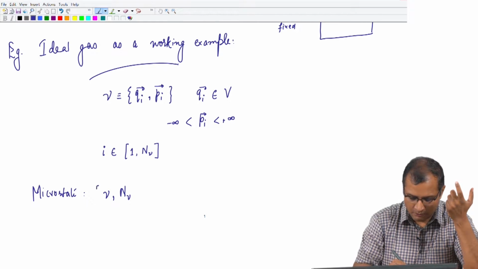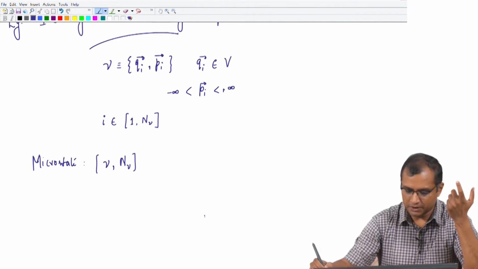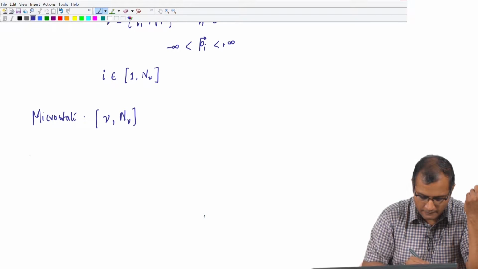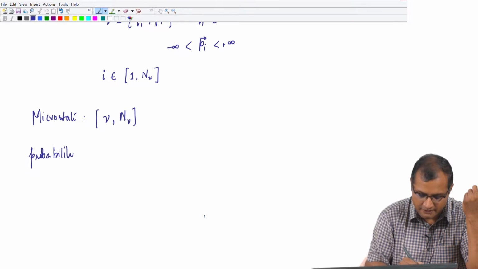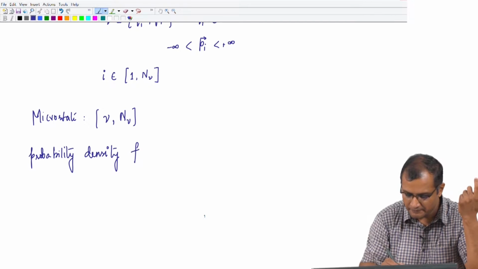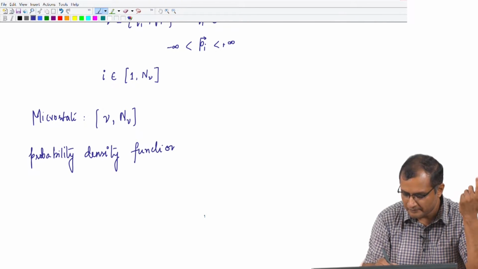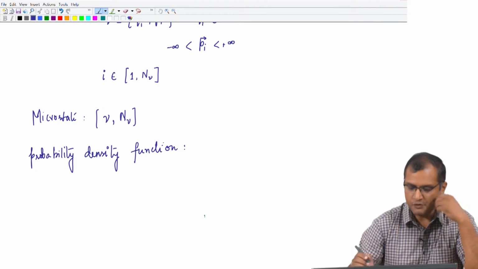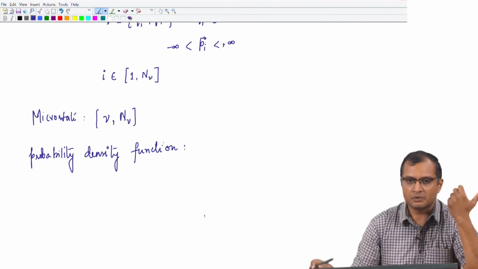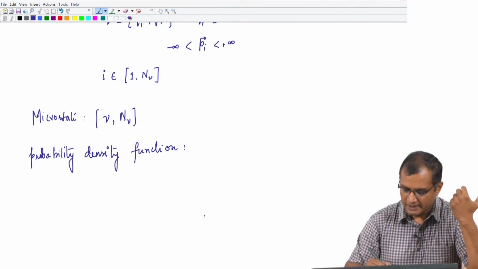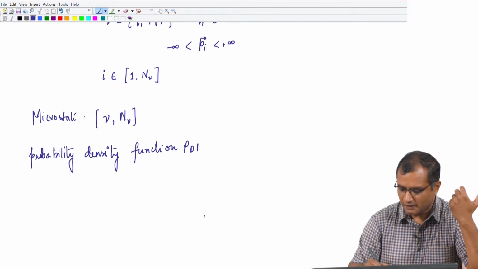Okay. So, now I am going to write down the probability density function. The probability density function like we saw in the last class was written for a discrete system, but here we have to make sure that the PDF has the dimensions of 1 upon phase space volume.